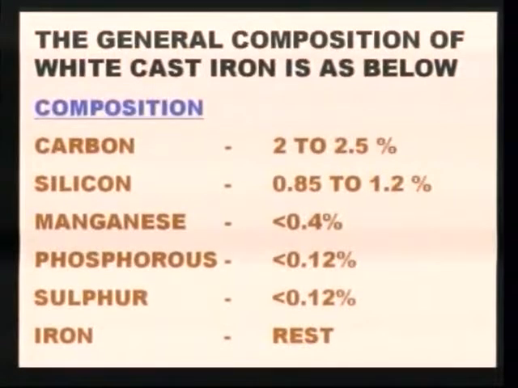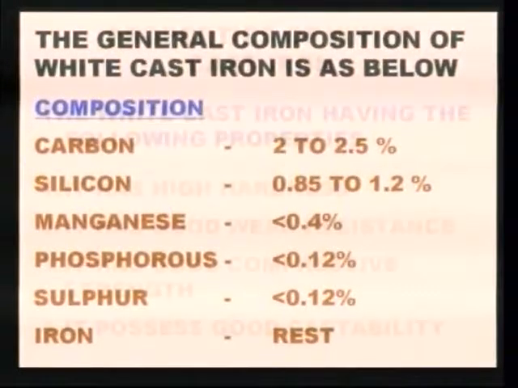The carbon is from 2 to 2.5%, silicon 0.85 to 1.2%, manganese is less than 0.4%, phosphorus is less than 0.12%, sulphur is less than 0.12%, and the remaining is iron.